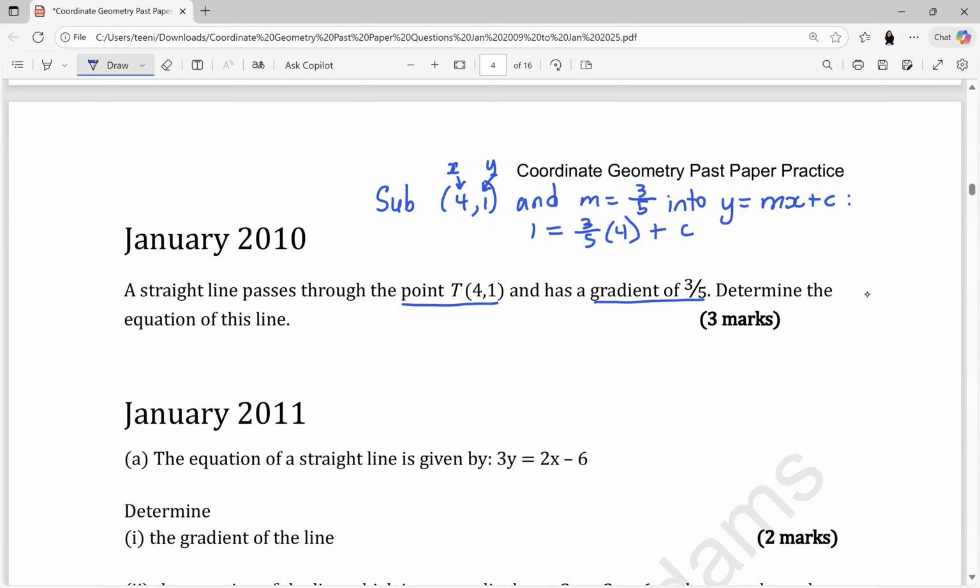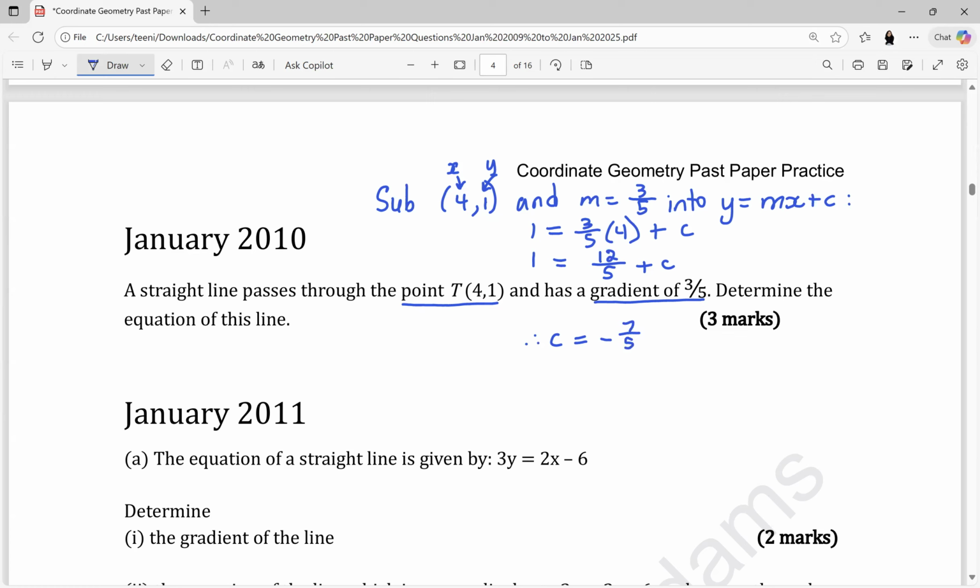You could literally work it out on your calculator, or you could work it out manually. Well, this would be 1 is equal to 3/5 times 4, which is 12/5, plus c. And if 1 is equal to 12/5 plus c, then c would be equal to 1 take away 12/5, which is negative 1 2/5 or negative 7/5.